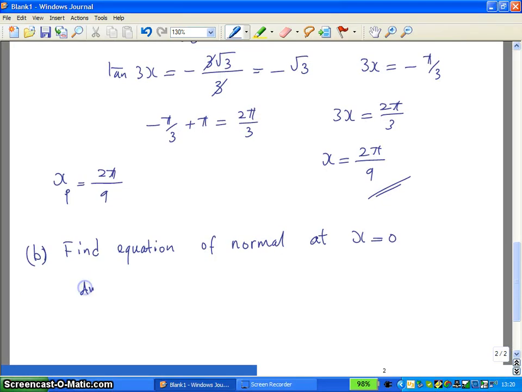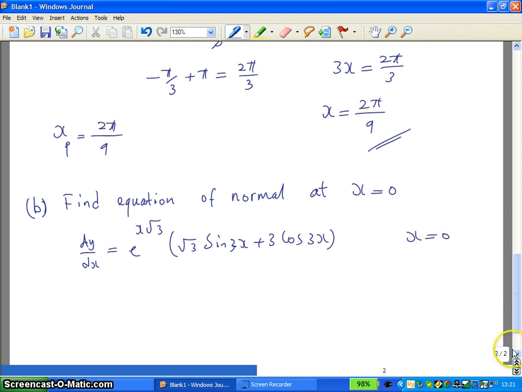We can say dy/dx, if I remember correctly, was equal to e to the x times root 3 sine 3x plus 3 cos 3x, at x equal to 0.